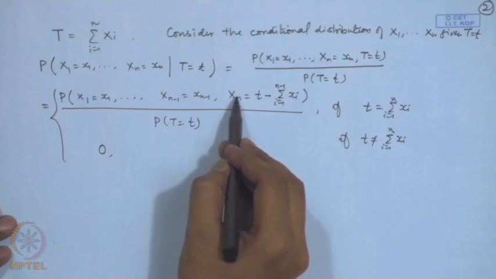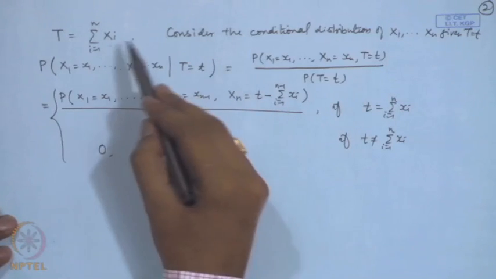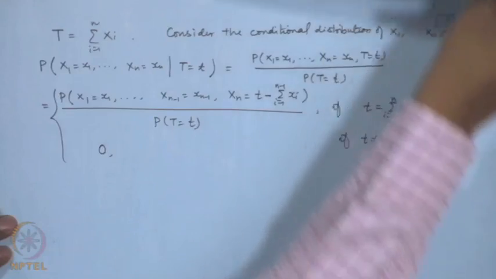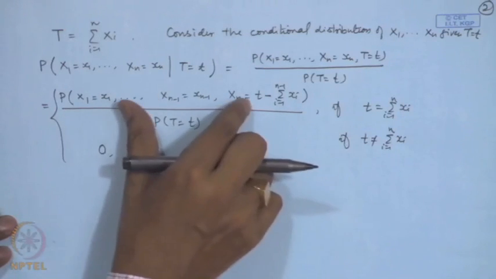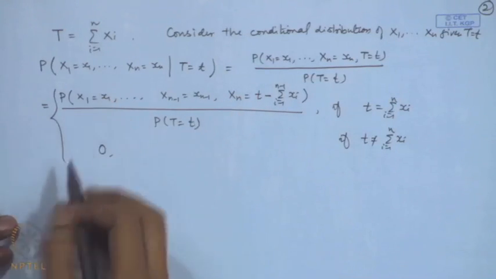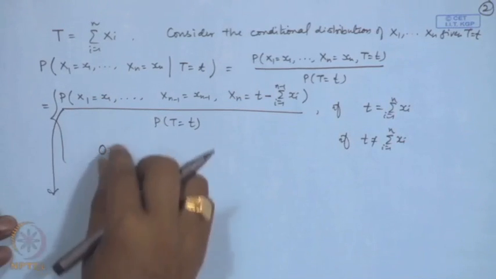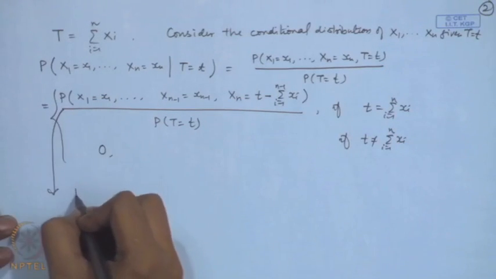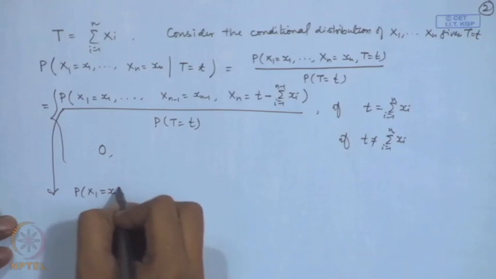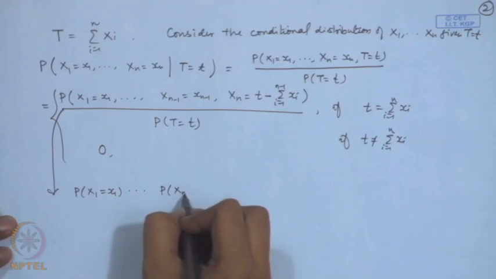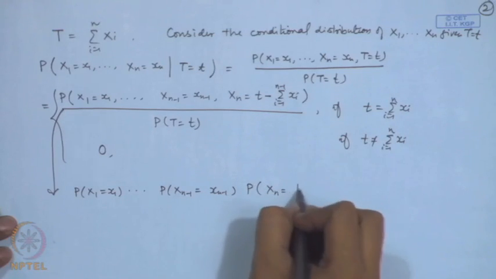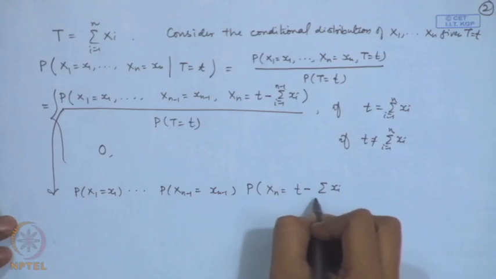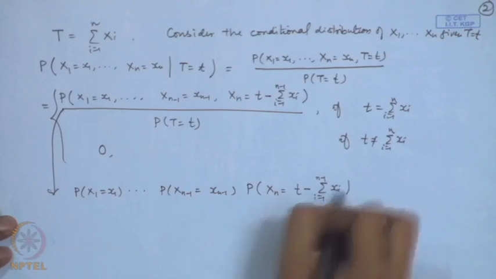Now, here we can make use of the fact that X1, X2, ..., Xn are independently distributed Bernoulli random variables. So, if they are independent, the probability of the joint occurrence will be equal to the product of these probabilities. This term is anyway 0. So, this term is equal to the probability of X1 is equal to small x1 and so on, Xn minus 1 is equal to small xn minus 1, times the probability of Xn is equal to t minus sigma Xi, i is equal to 1 to n minus 1.